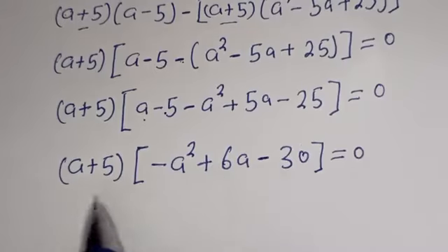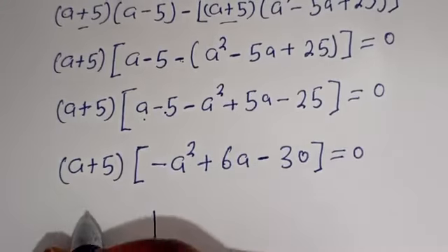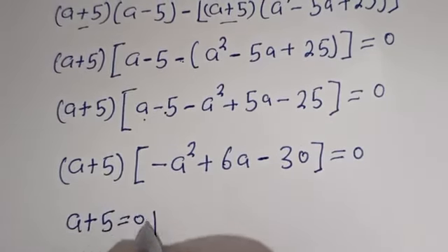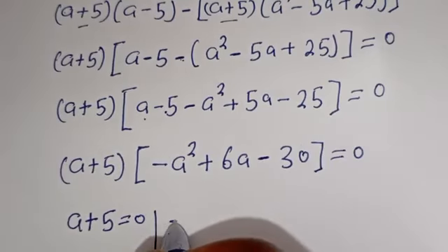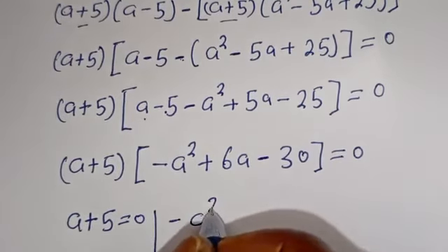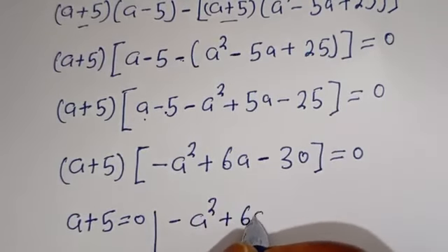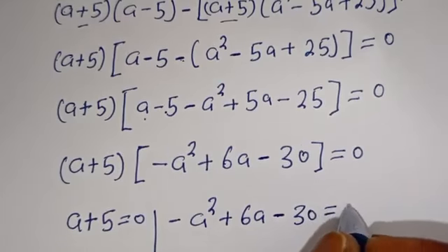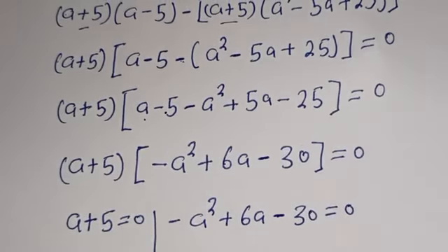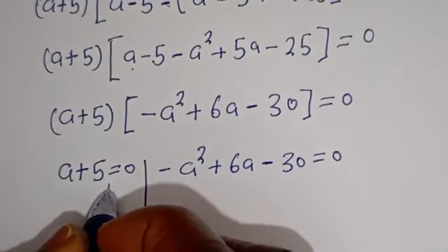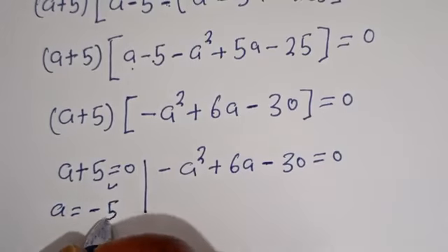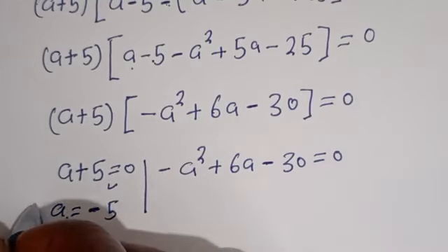Here there are two cases. The first case is a plus 5 is equal to 0, and the second case is minus a squared plus 6a minus 30 is equal to 0. Then from here, a is equal to minus 5. Let's call this a1.